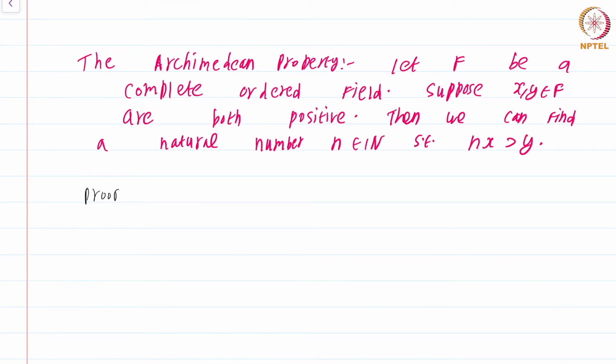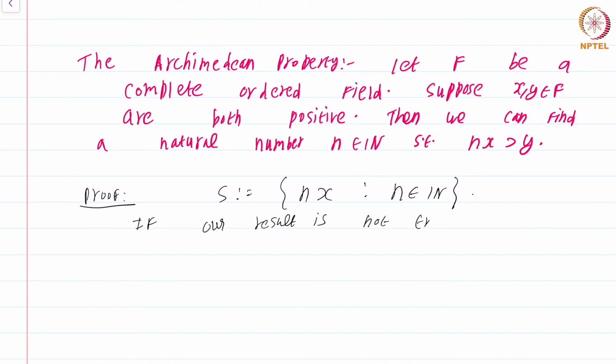How does one prove this? The proof is surprisingly quite easy from completeness. What you do is you consider the set S = {nx such that n is coming from the natural numbers}. Look at all the multiples of x by natural numbers. If our result is not true, then the set S is bounded above, right?